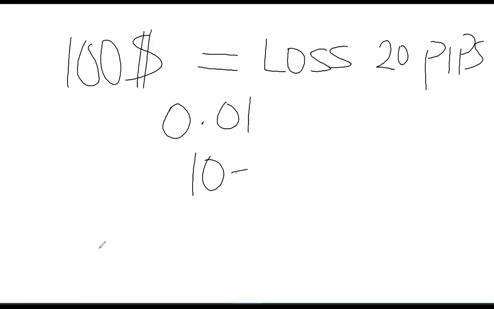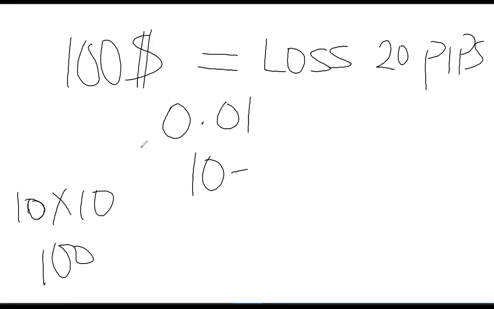It means you've lost what? Each pip is 10 cents. Remember, 100 cents makes $1. So 10 times 10 is what? 100. Are you getting me? So if you lose 10 pips, you've already lost $1.